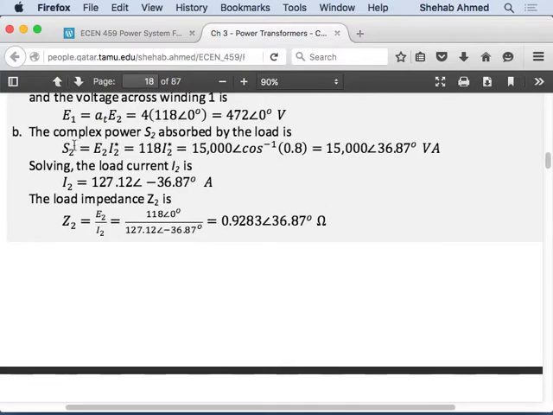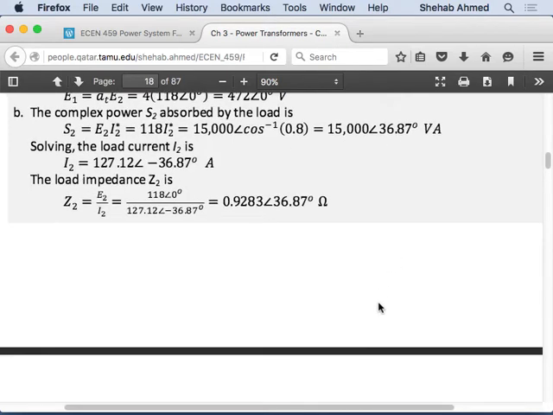Good point. Because you said the power should be the same, and they say here that the complex power absorbed by the load is 15 with a certain power factor angle. But let's see what they did.